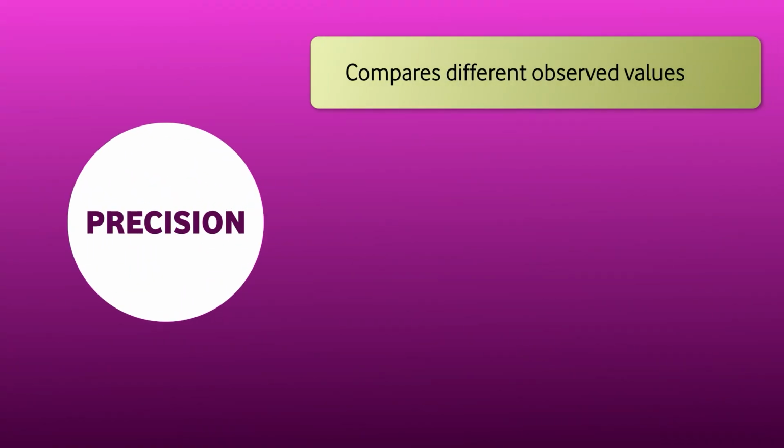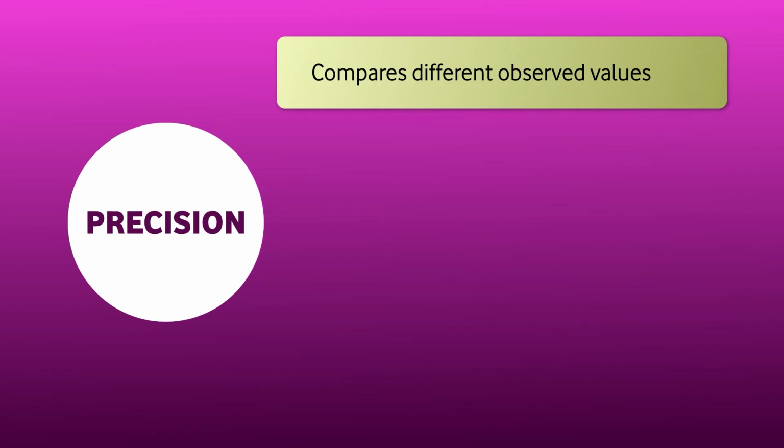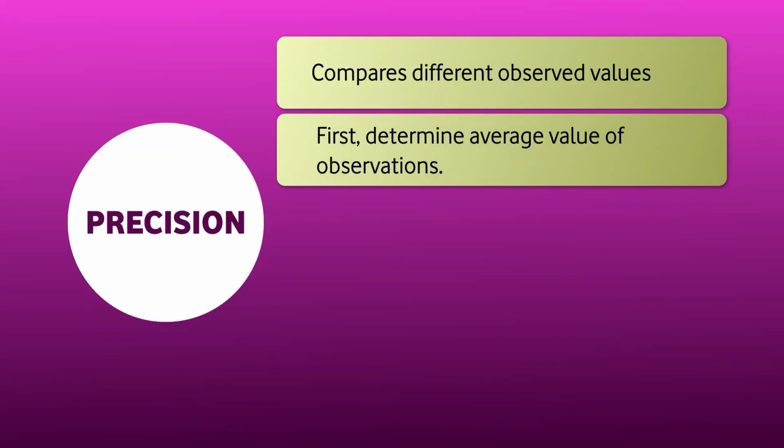Then the equipment has to have very high precision. What do we mean by precision? We compare different observed values. We have seen in the repeatability experiment, several values were obtained. So we compare those values. First, we determine the average of those values. Suppose an analyst has got 100 values for the same sample, same equipment, same lab, same condition, same method.